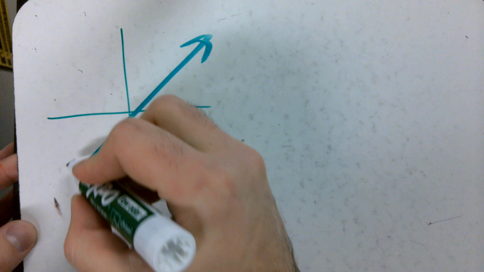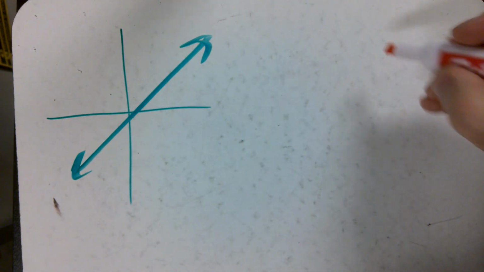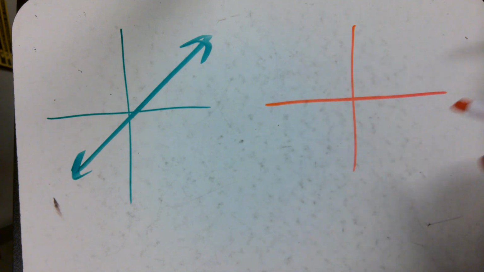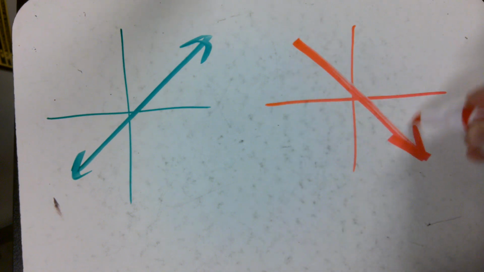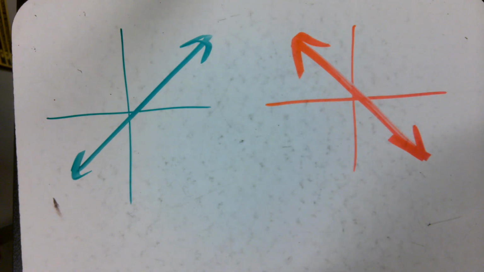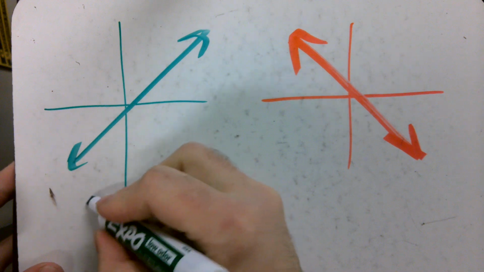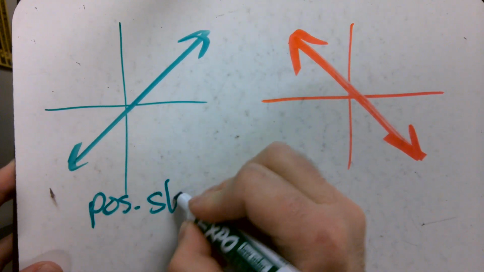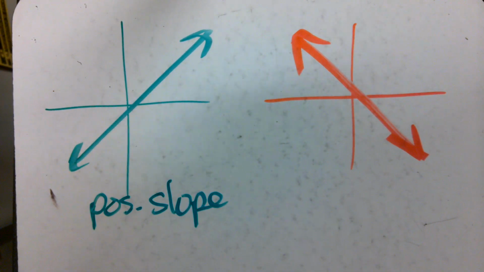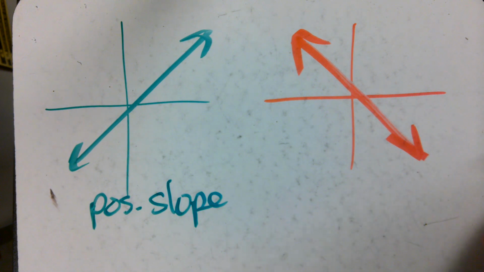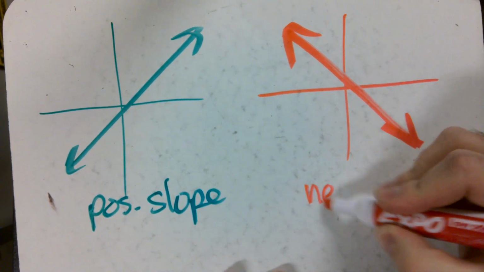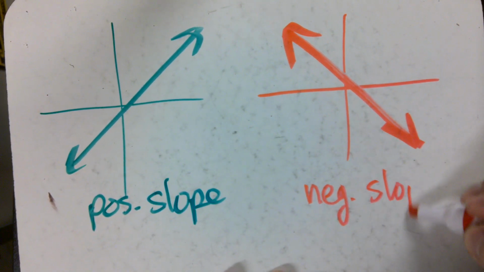So we've got a coordinate plane here with a line like this. You don't have to write this down. We're going to add this in tomorrow. So this green graph represents a positive slope, and this red graph represents a negative slope.